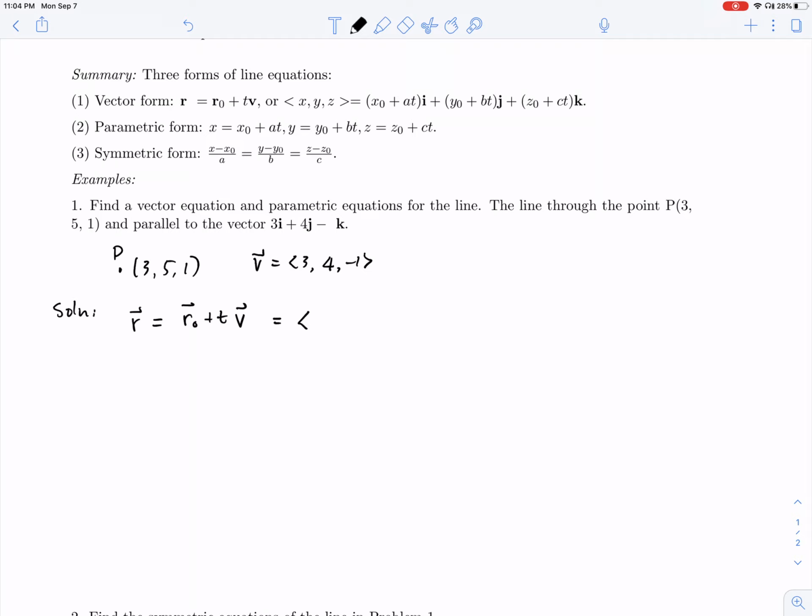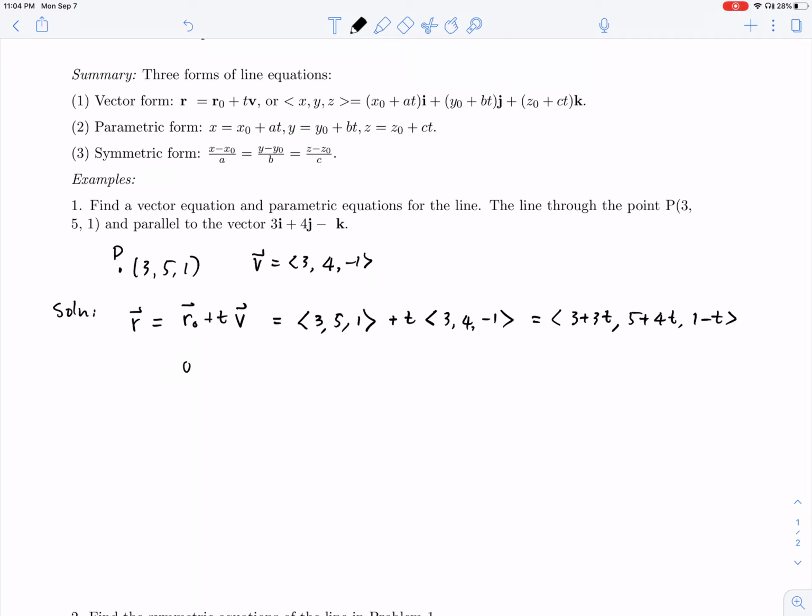Now we turn it into a vector, passing this point, and then we add t times this v vector, which is (3, 4, -1). If you prefer, you can write it like this: (3 + 3t, 5 + 4t, 1 - t).